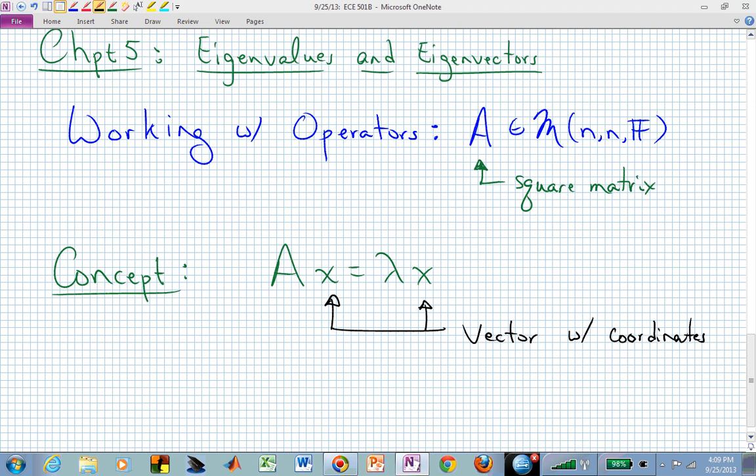This is a vector with coordinates in our field of numbers F. And lambda is a scalar from this field of numbers F. And actually the elements in the matrix, all of their elements are in F.